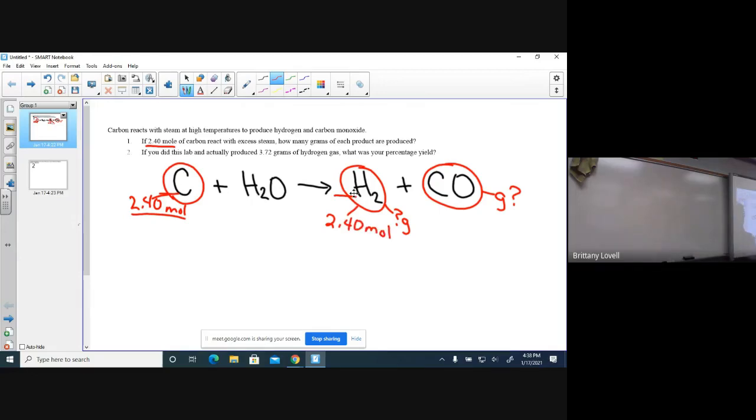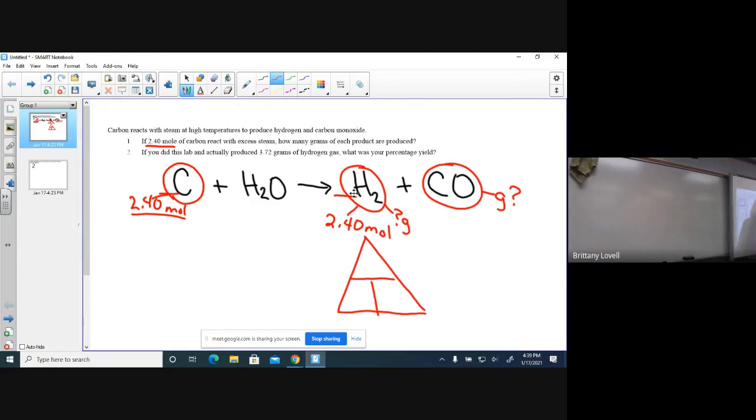Well, now at this point, they're wanting to know how much does that weigh, how many grams is that? Now it just becomes a little conversion problem, right? So you can do it however you want. You can do the factor label method, which is my favorite, but I think a lot of you like the triangle. So I'll go ahead and use the triangle method here. Okay, so I'm just going to convert this 2.40 moles to grams.